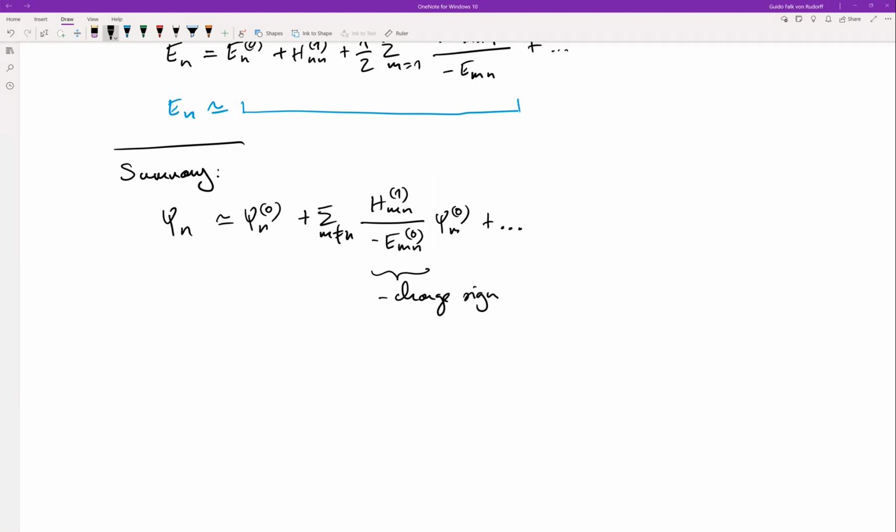So if in the spectrum you have not things which are exactly degenerate, because we excluded that, but where these two are actually very close by. So this is important for small energy differences.